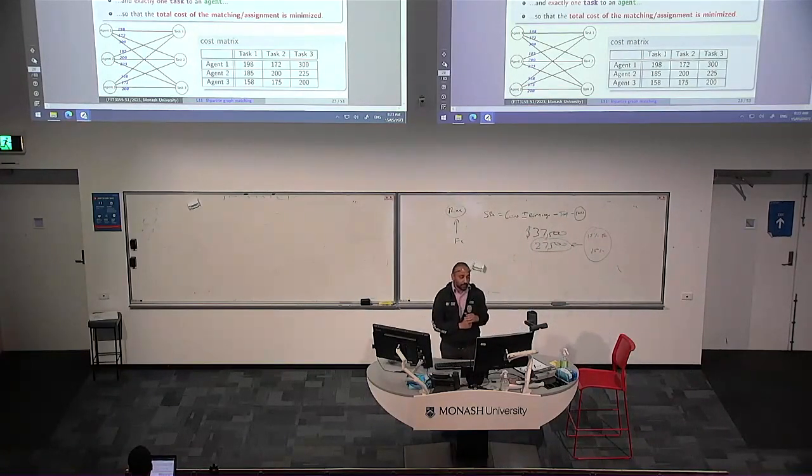Okay, so the problem is clear. This is the cost matrix, and I can see it as a bipartite graph with one partition being the agents and one partition being the tasks, and then there are edges associated with it.